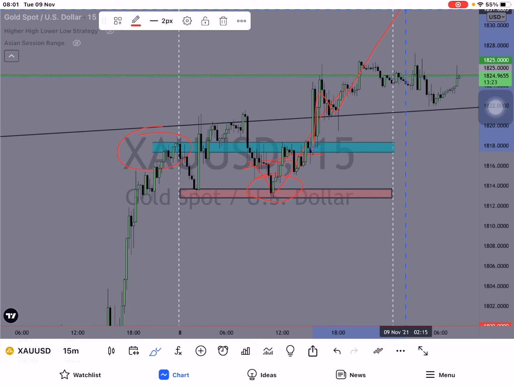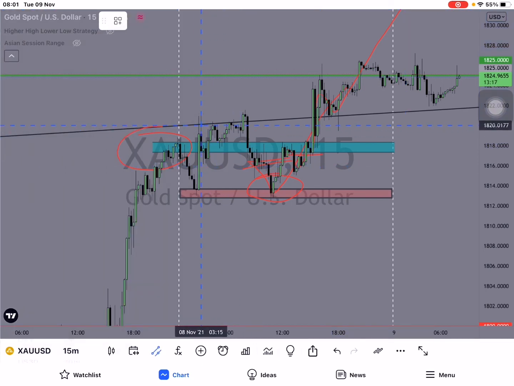Once we jumped in, I did not really care about the current day's high, which was in this area here. The reason I don't care about the current day's high is because it won't have any significance in stopping the trade bias for that day.